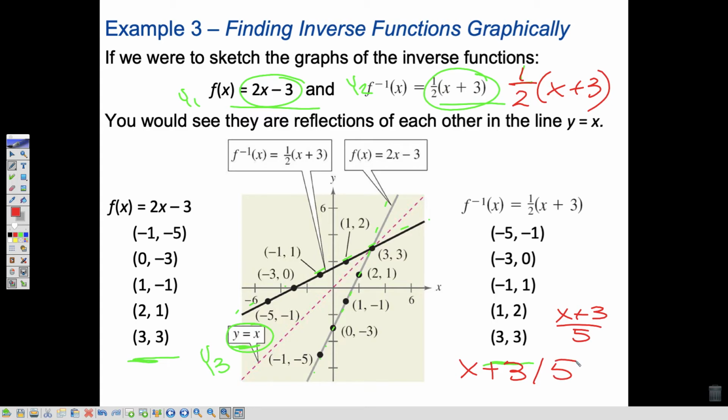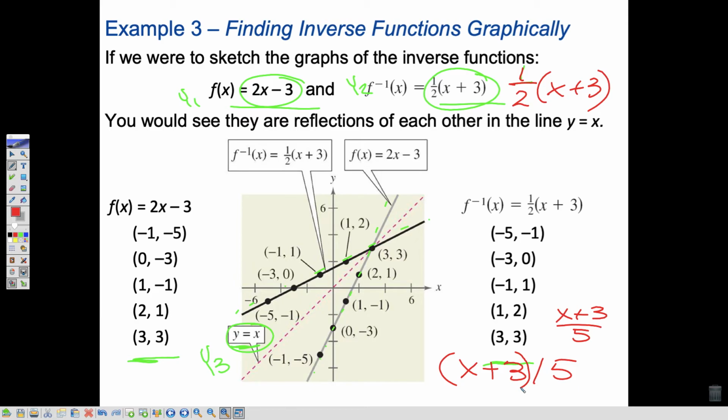My calculator is going to divide 3 by 5, then add it to x, because you didn't tell it to do that first. But if you've got numerators and denominators, you need to have parentheses around them. Okay, did everyone get this picture?